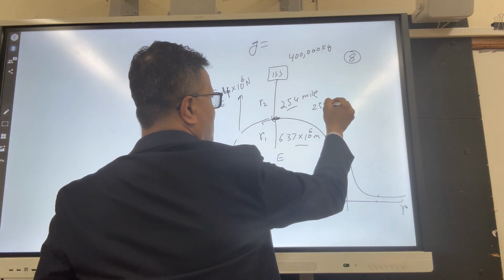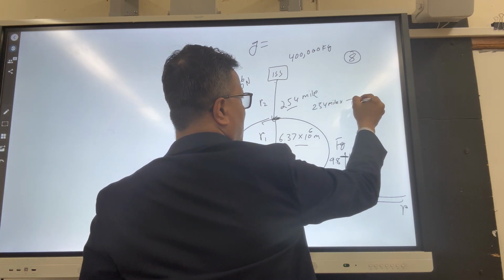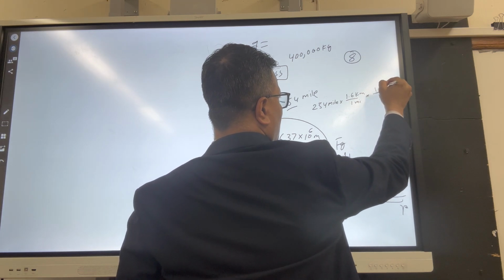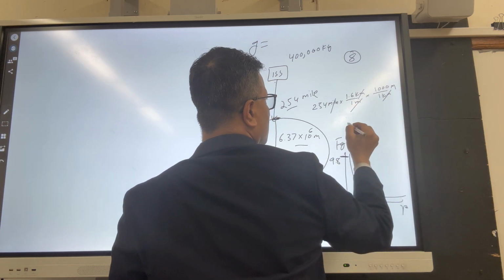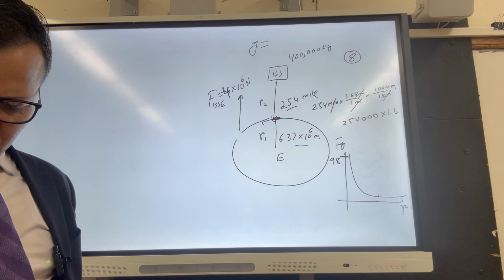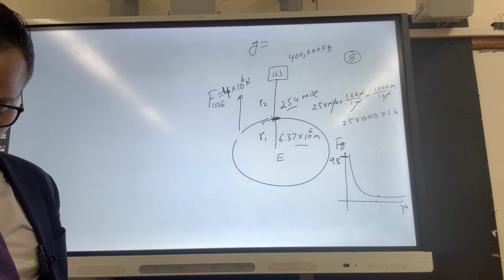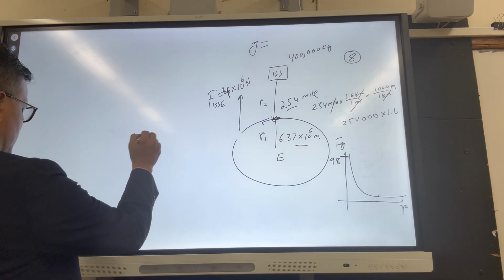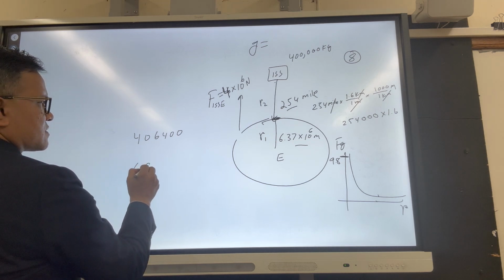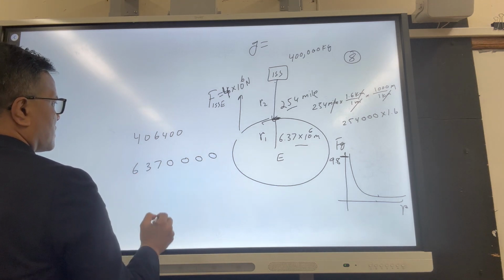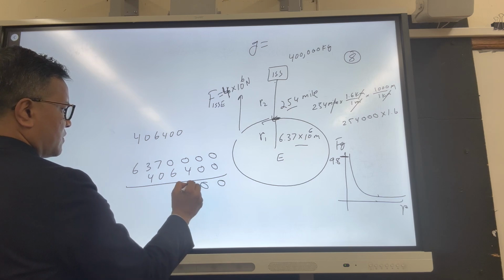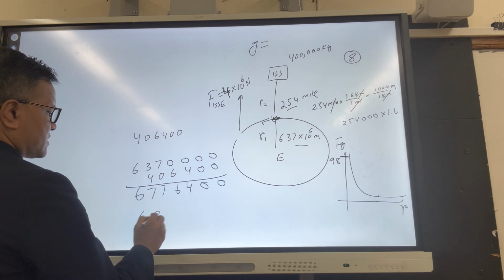So 254 miles times 1.6 kilometer per mile, times 1000 meter per kilometer. Mile cancels, kilometer cancels. 254 times 1.6 is 406.4, so 254,000 times 1.6 is 406,400 meter. Adding the radius, 6,371,234 plus 406,400 gives 6.8 times 10 raised to 6.